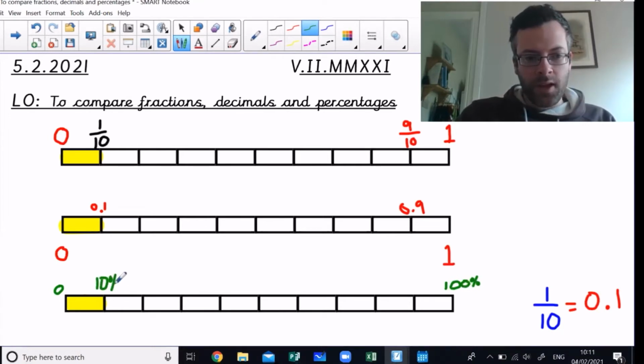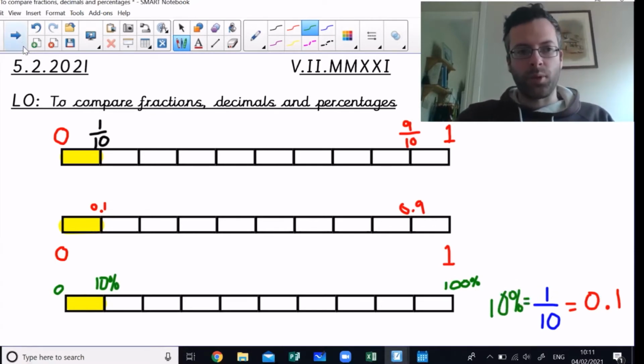So what we can see from here is that 1/10 is the same as 0.1, which is the same as 10%. Okay, that's a fact, that's worth remembering. 10% is the same as 1/10, it's the same as 0.1.